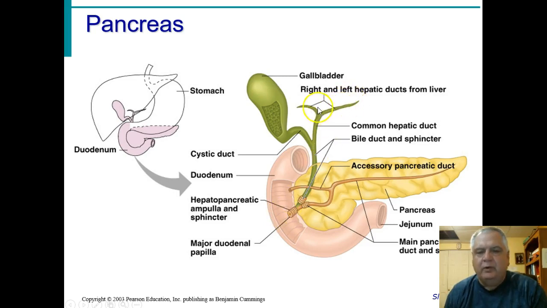Now, a person may have trouble digesting a high-fat diet for about, let's say, the first year. But after about a year, it'll adapt by dilating these two ducts and producing additional bile to help with the digestion of that food. So even if a person has their gallbladder removed, it doesn't mean they won't be able to digest fats.